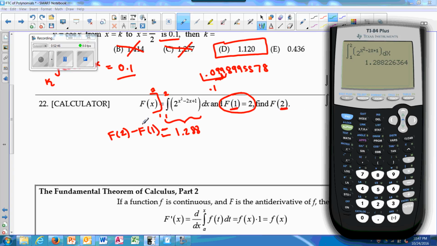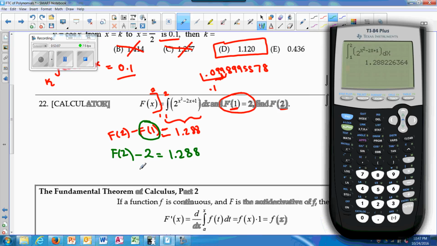So if I substitute in, I have F of 2 minus F of 1, which has a value of 2, equals 1.288. So now if I add 2 to both sides, I have that F of 2 is equal to 3.288.